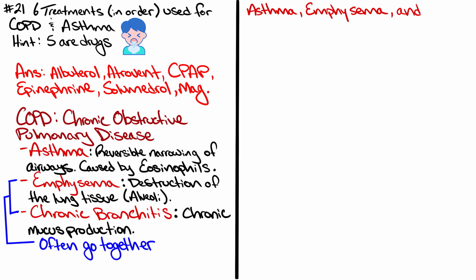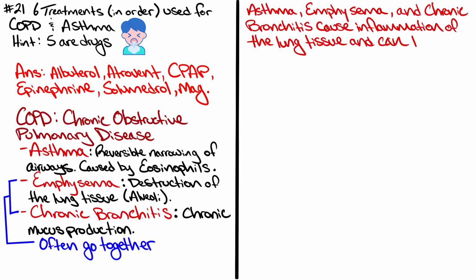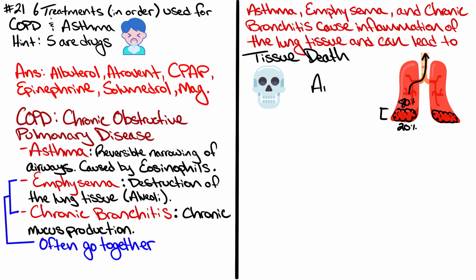Asthma, emphysema, and chronic bronchitis can cause inflammation of the lung tissue and can ultimately lead to tissue death. Damaged lung tissue diminishes the lung's ability to effectively inhale and exhale. This leads to something known as air trapping, where the air in the lung cannot be fully exhaled and some of the air remains behind as dead air. Dead air is stagnant air, which means this air is not moving.